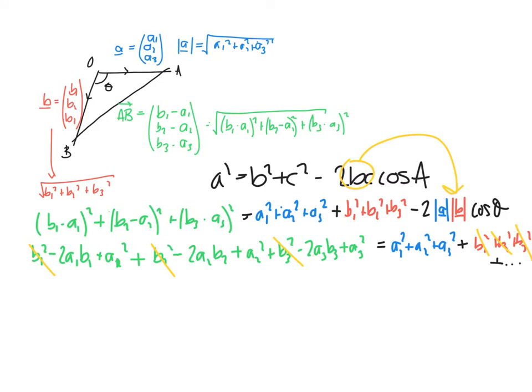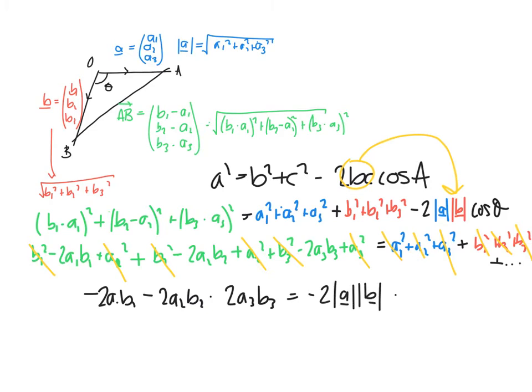So I've got an a1 squared that can go, an a2 squared that can go, an a3 squared that can go. And I am left with the following terms: minus 2a1b1, minus 2a2b2, minus 2a3b3, and that equals only minus 2 mod A mod B cos theta.